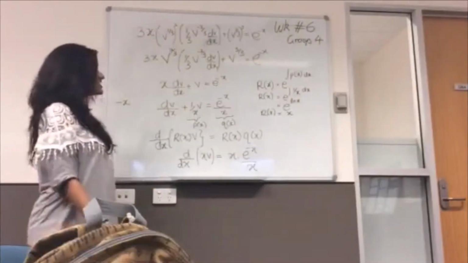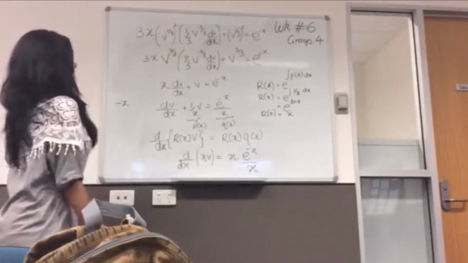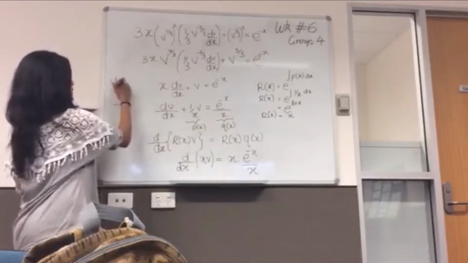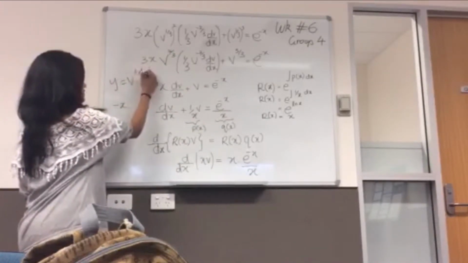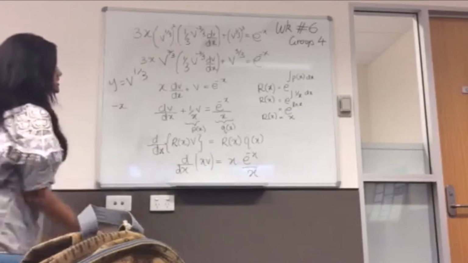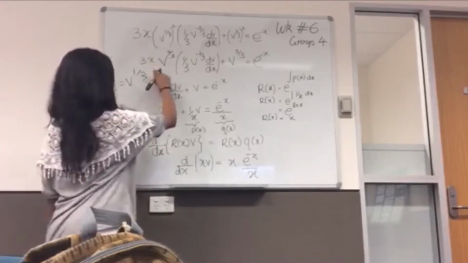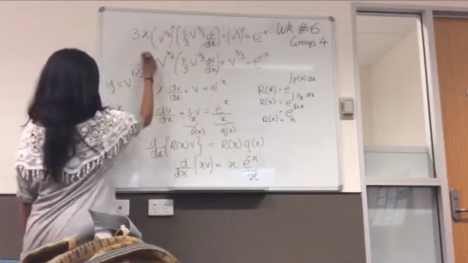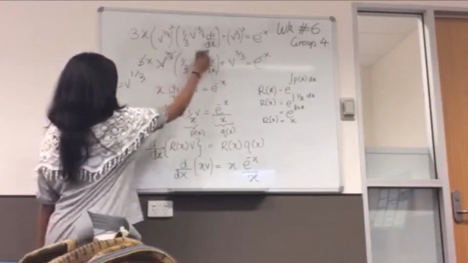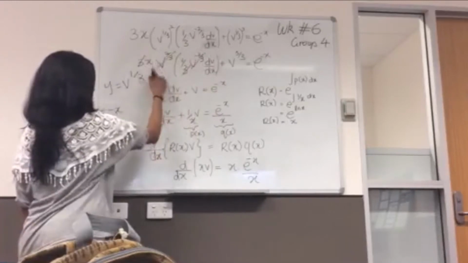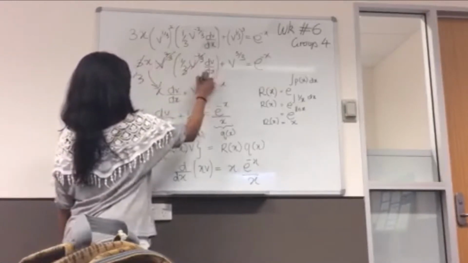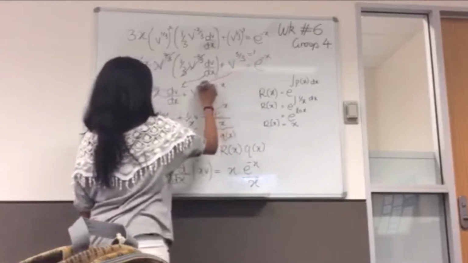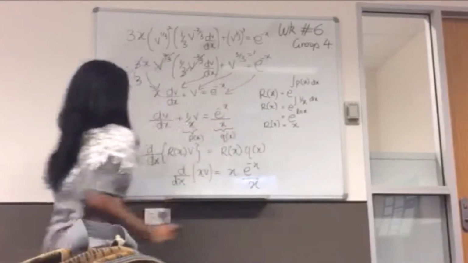I am Midori, also from group 4, and Jordan already substituted y equals v to the power of 1/3 into the equation. So now I'm simplifying it more. You multiply all the values and then you come to here, with these things cancelling out. So it's x dv/dx, and then this one is equal to 1, so it's v, and e to the power minus x.